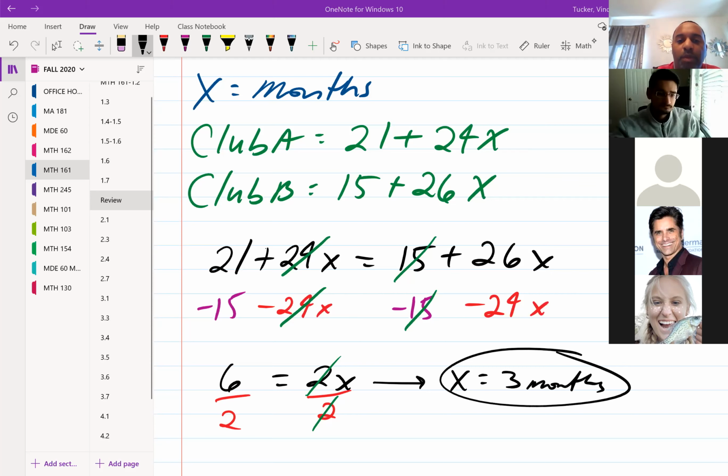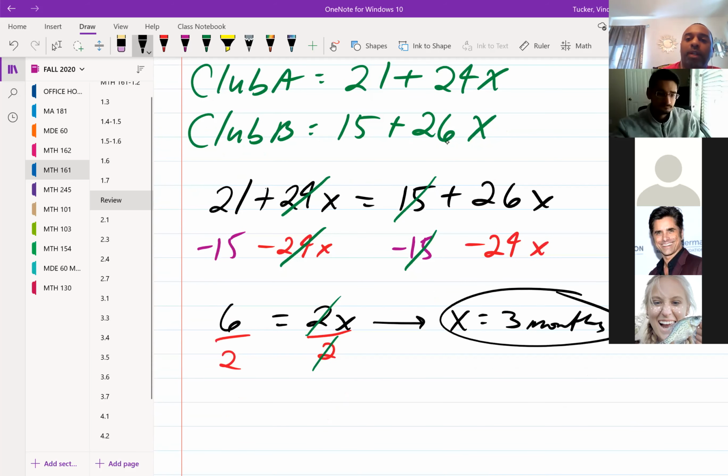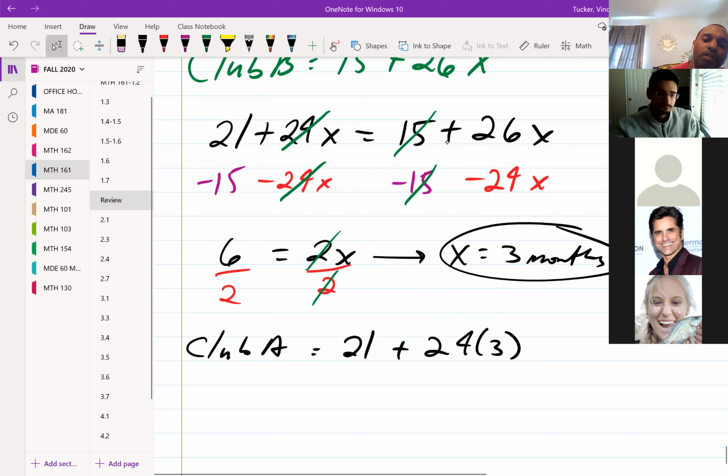So it says, after how many months will the total cost of each health club be the same? What will the total cost for each club be? So then you would take 3. You can plug it into either one of these. It doesn't matter which one, because remember, at this point, the cost of both of them will be the same. So 21 plus 24 times 3.